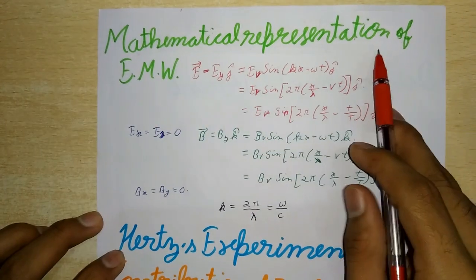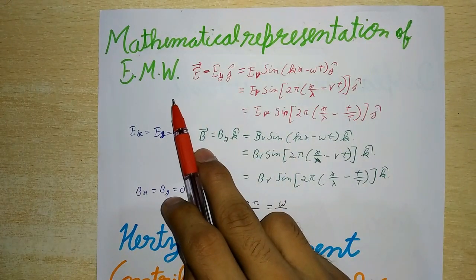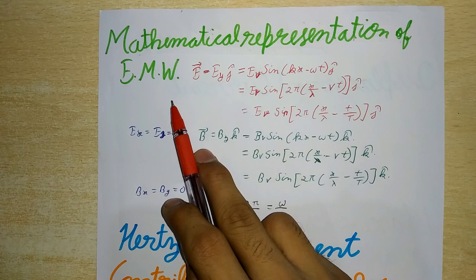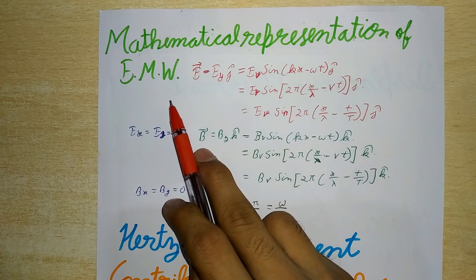Next is the mathematical representation of an electromagnetic wave. For a plane electromagnetic wave of frequency nu and wavelength lambda propagating along the x-axis, the electric field and magnetic field may be represented as follows.